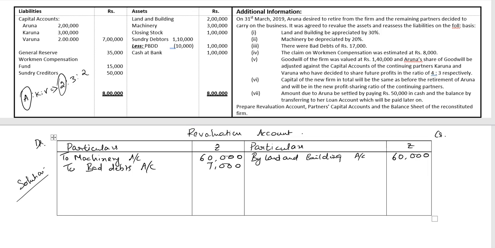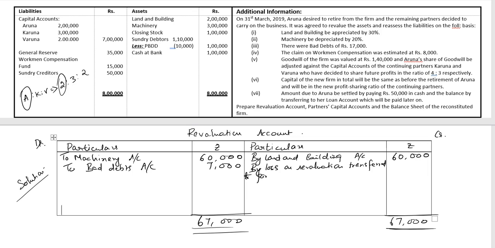We will balance the revaluation account. The greater total is on the debit side, 67,000 rupees. So there's a loss on revaluation. By loss on revaluation, transferred to partners' capital accounts.